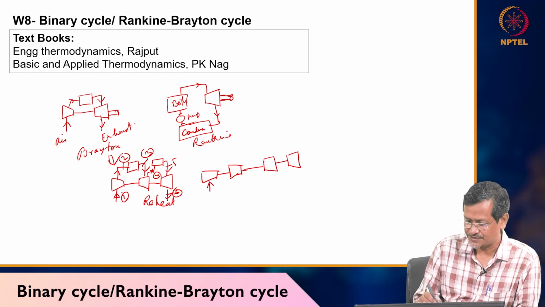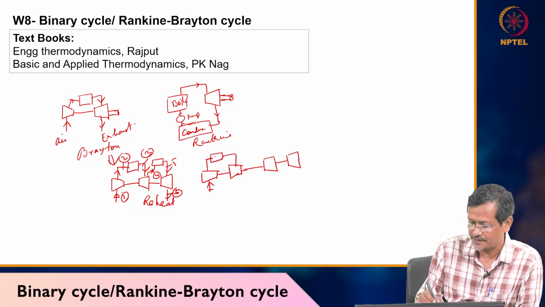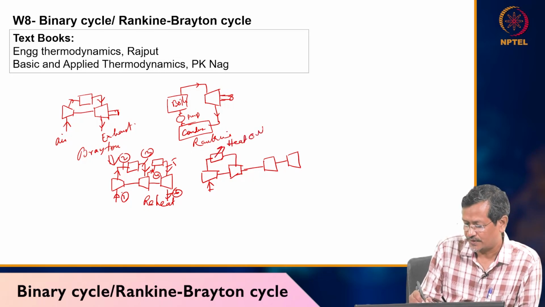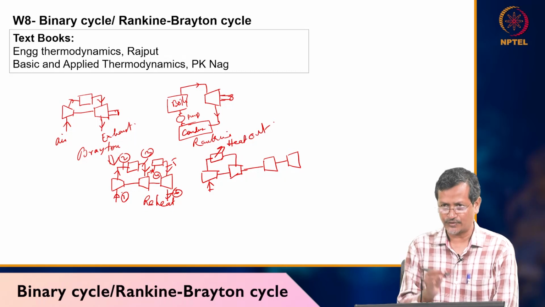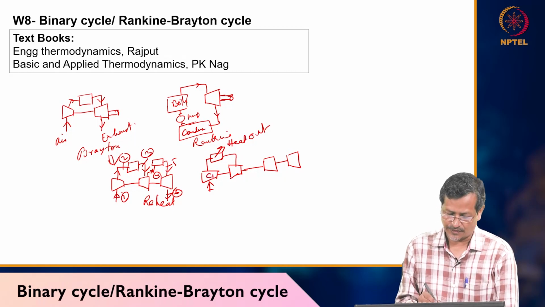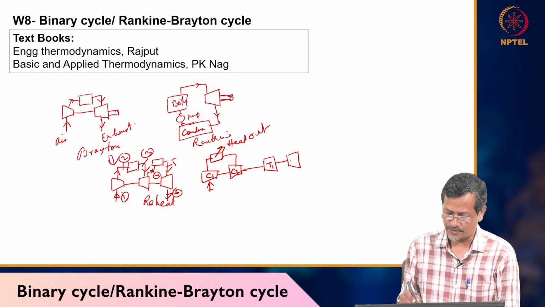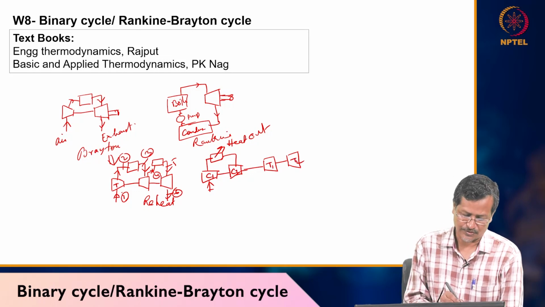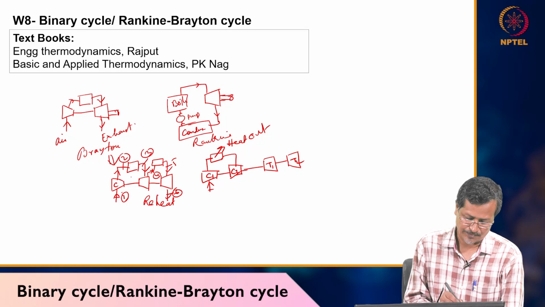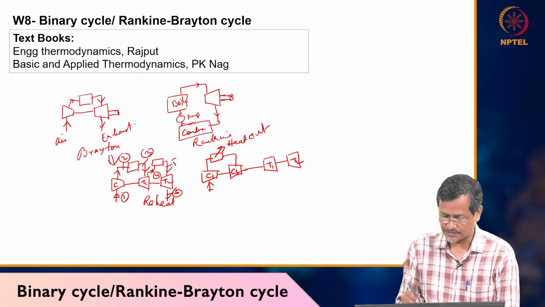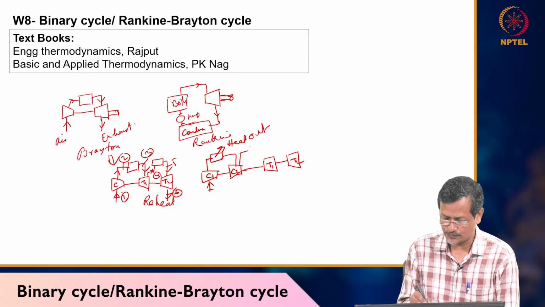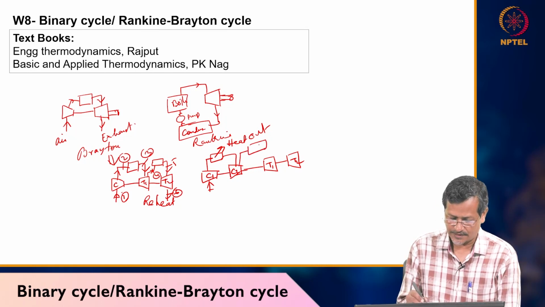Now if I say intercooler, then again you draw the gas turbine system. The first stage takes air, then heat exchange happens here, so heat goes out, or cooling, before going to the second stage of the compressor. Compressor 1, compressor 2, turbine 1, turbine 2. In the earlier case only one compressor was there: compressor, turbine 1, turbine 2. From C2 we send the air to the heat source or combustor.